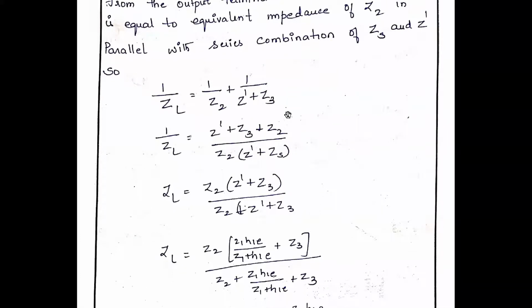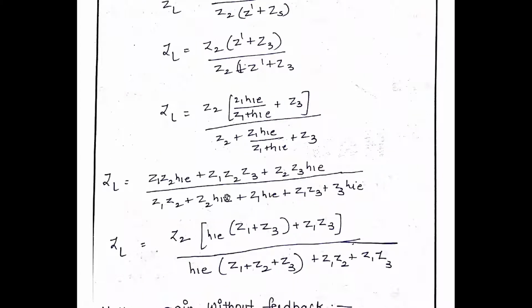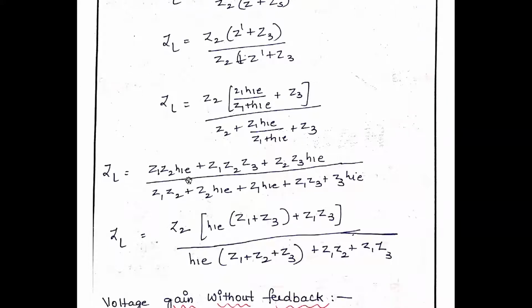We already discussed this simplification. ZL we got is Z1 Z2 hie plus Z1 Z2 Z3 plus Z2 Z3 hie, by Z1 Z2 plus Z2 hie plus Z1 hie plus Z1 Z3 plus Z3 hie.